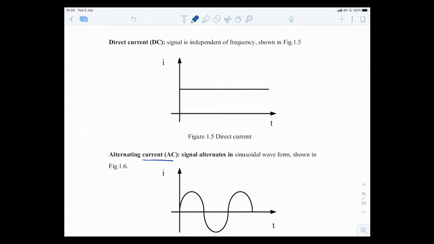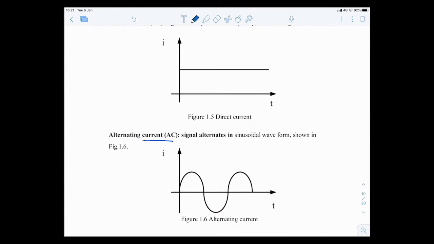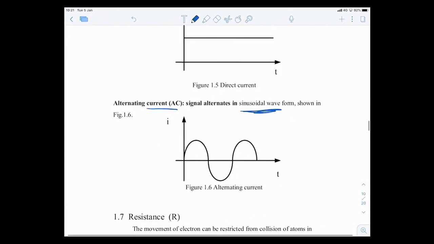It could be a sawtooth, triangular, or square wave. But since our world uses sinusoidal signals, in electrical engineering when we talk about AC, it's always in terms of the sinusoidal waveform.